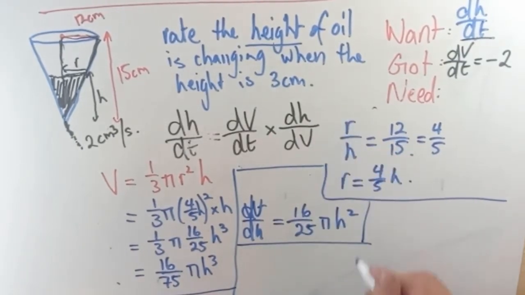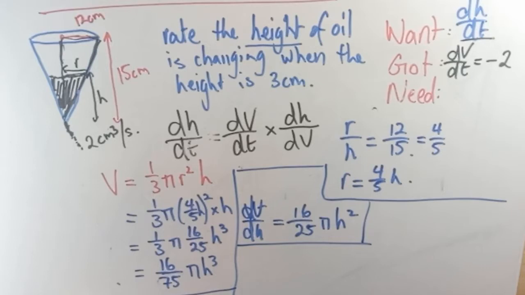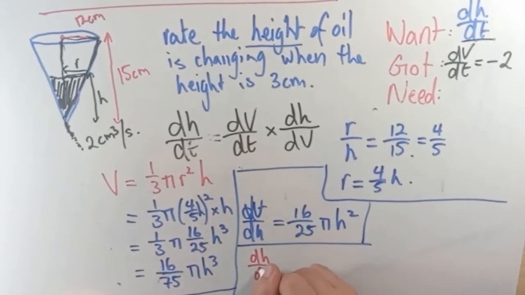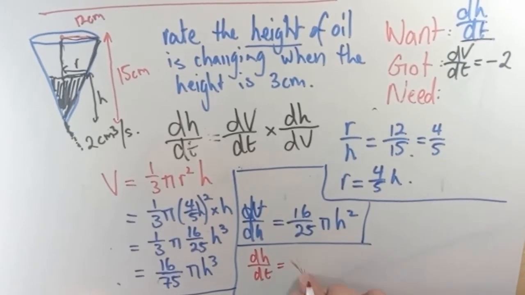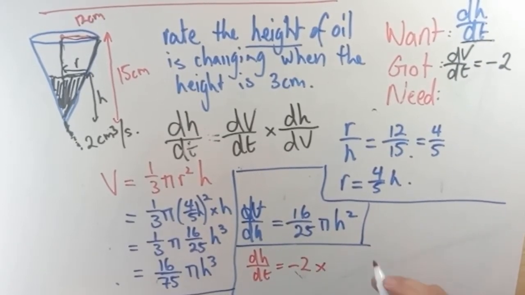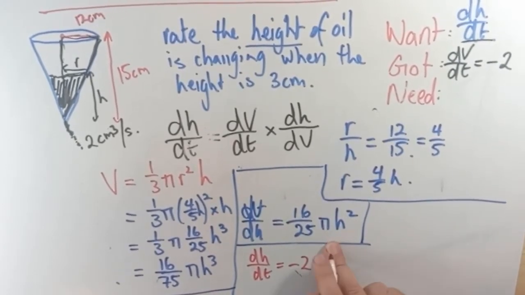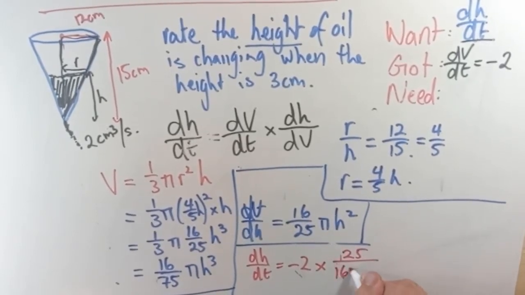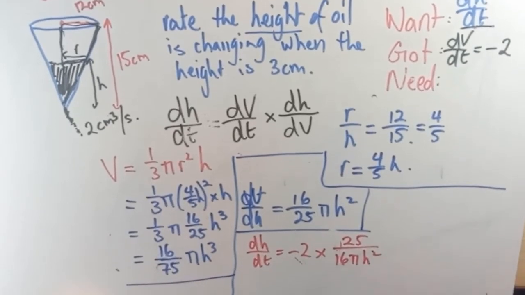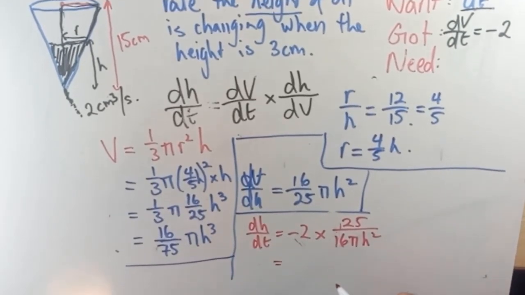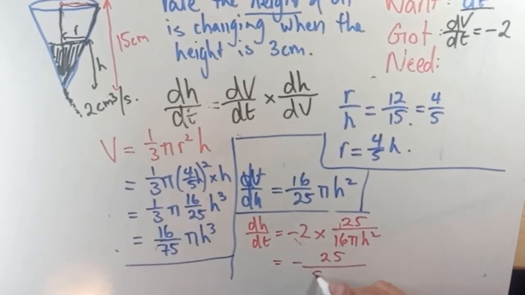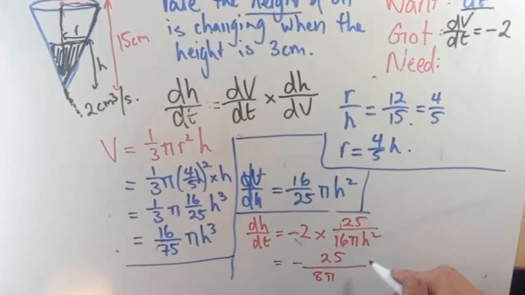Let's put it in. dh/dt equals dV/dt, which is just -2, times the flip of it, so 25 over 16 pi h squared. So I get negative 25 on 8 pi h squared.